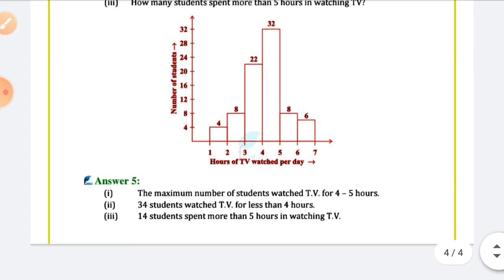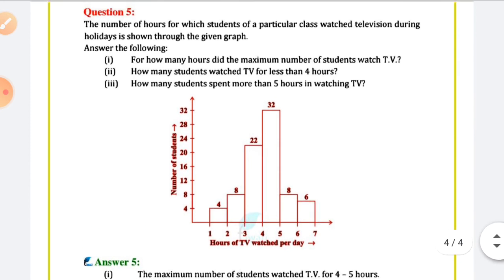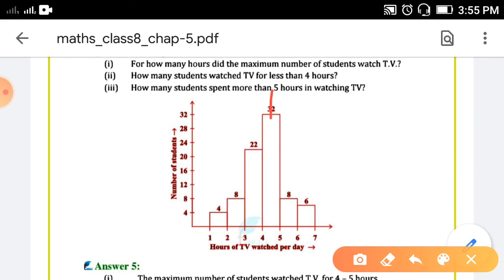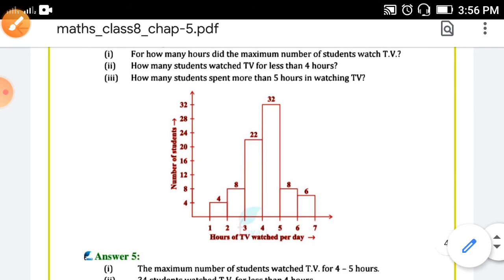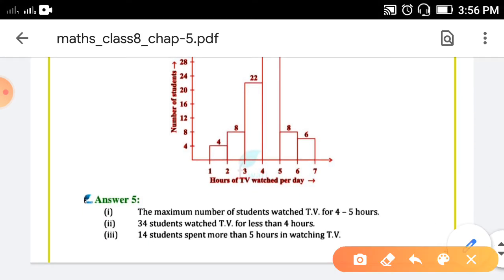So what is the answer? Maximum number of students, it is 32. It is the number of students, not hours. And what is the hours? That is this gap between 4 to 5. So maximum number of students watch TV for 4 to 5 hours.